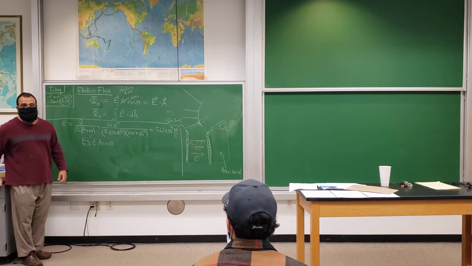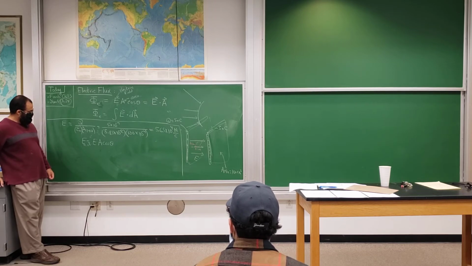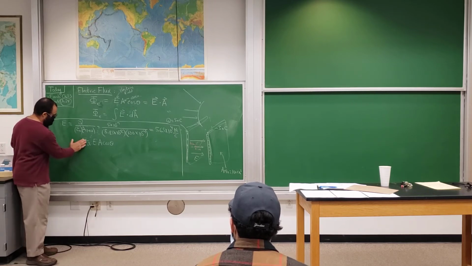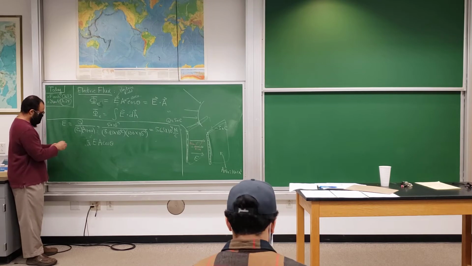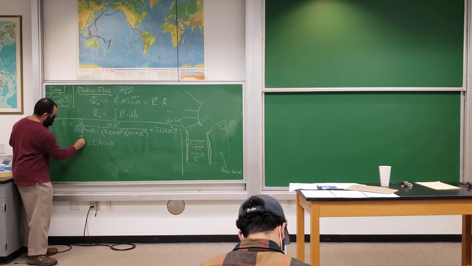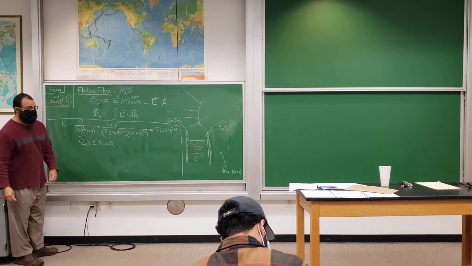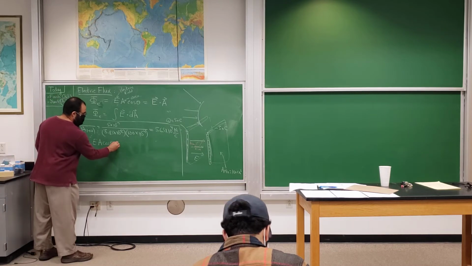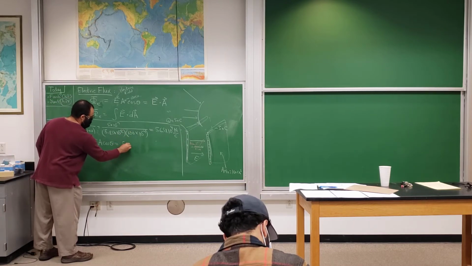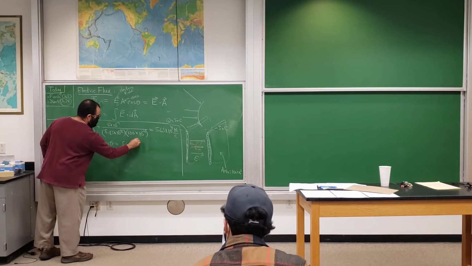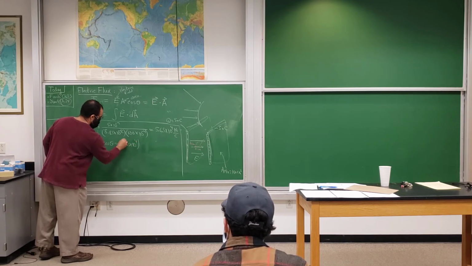Should that E be phi? Oh, yeah. Doesn't look right. Good. So E is 5.65 times 10 to the positive 4.